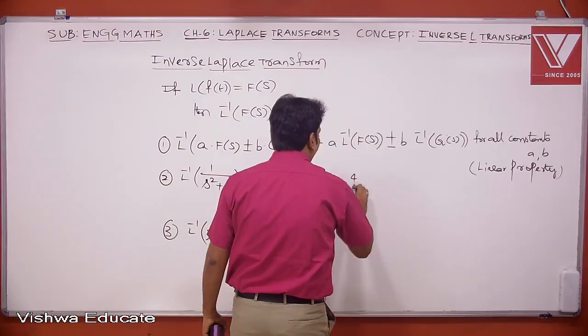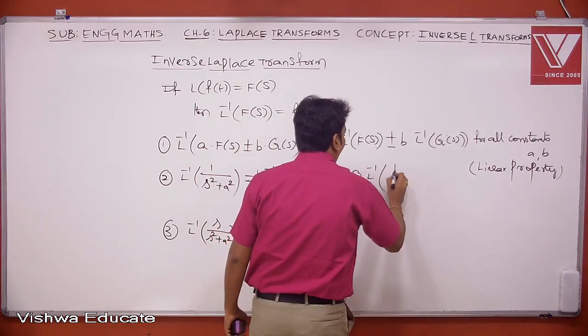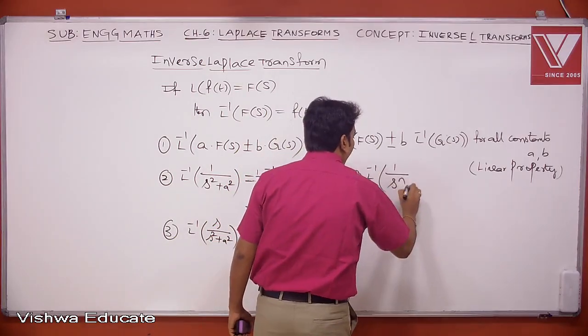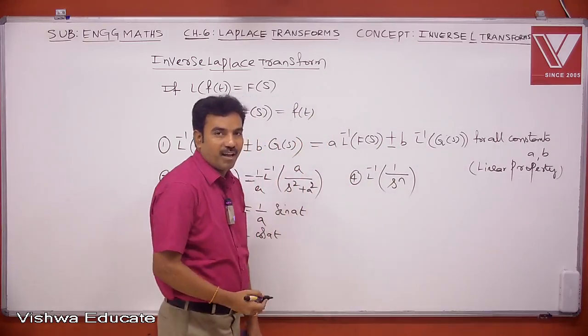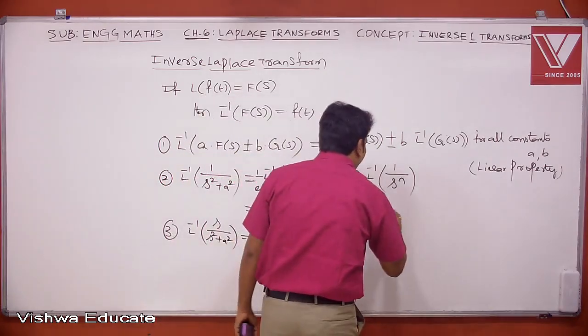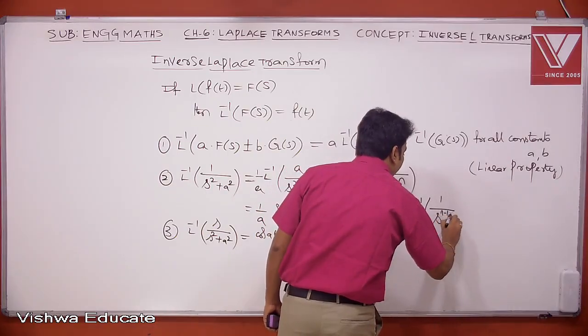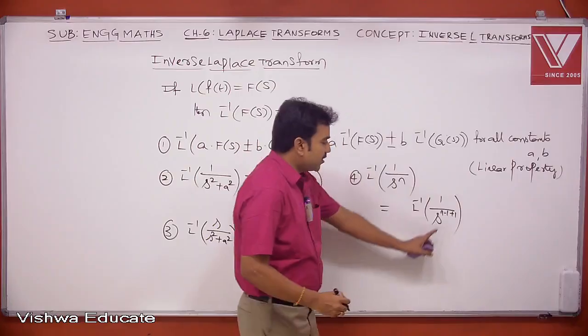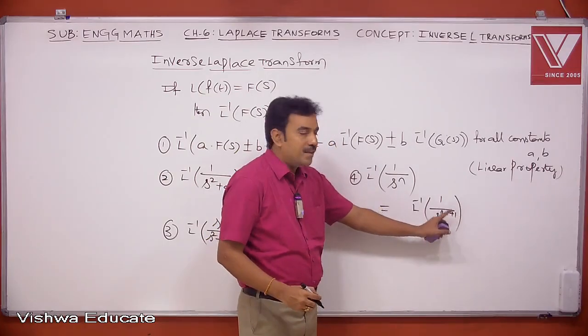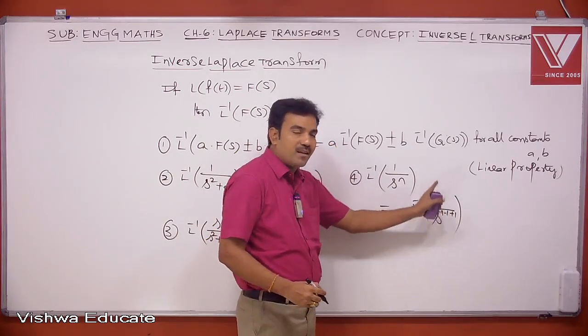Now suppose I have L inverse of 1 by s power n. So this can be written as L inverse of 1 by s power n minus 1 plus 1. So it is in the form s power n plus 1. Here n minus 1 factorial is required.